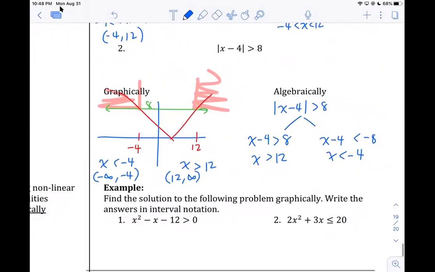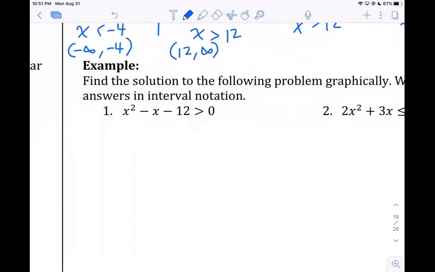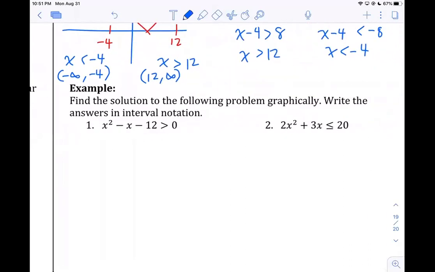Okay, let's go ahead and try to solve these graphically only. All right, so let's look at this problem. X squared minus x minus 12 greater than 0. We're going to do this graphically, and we're going to write the answers in interval notation.